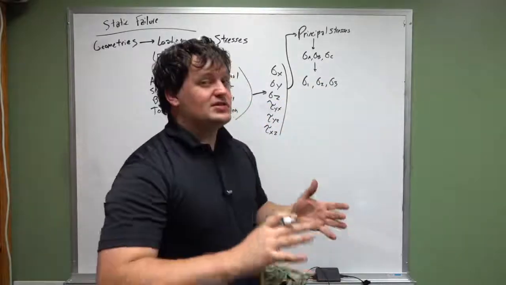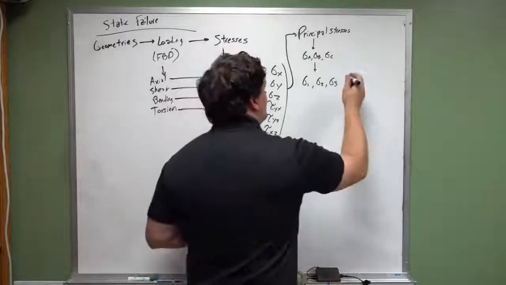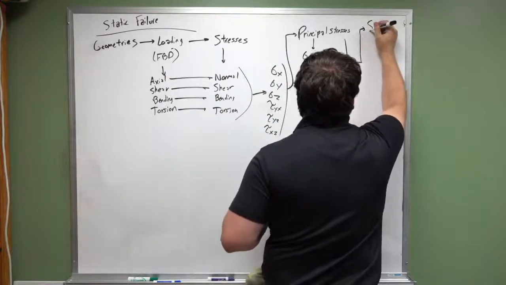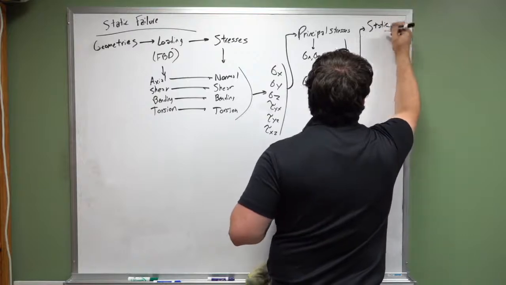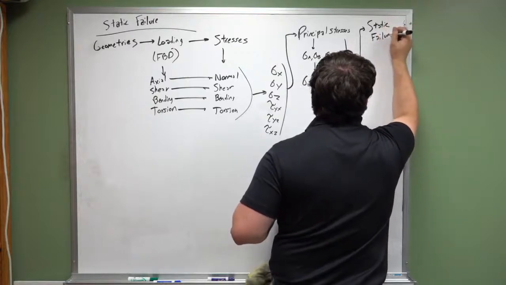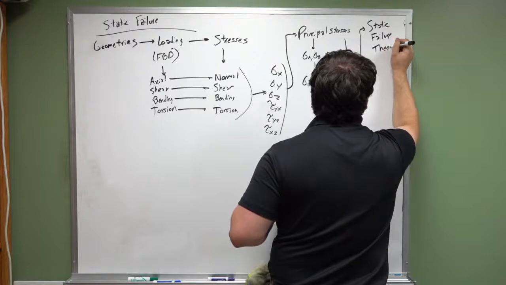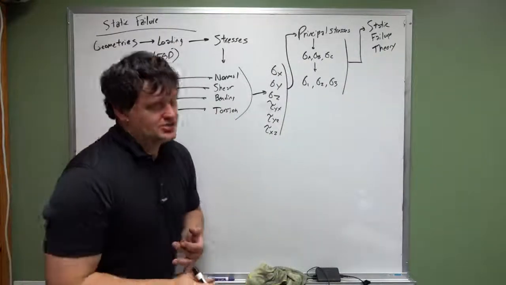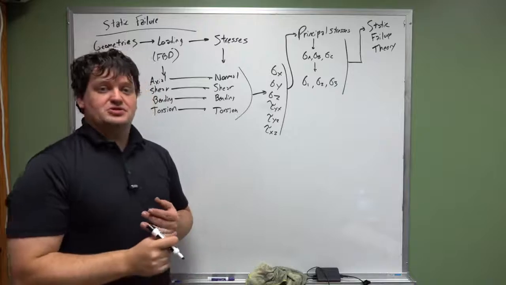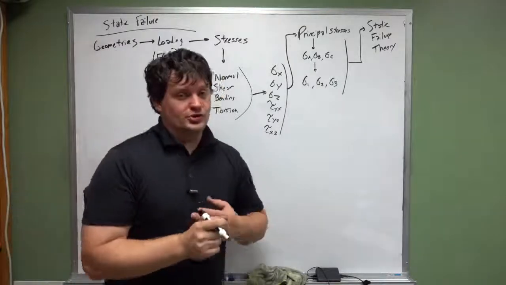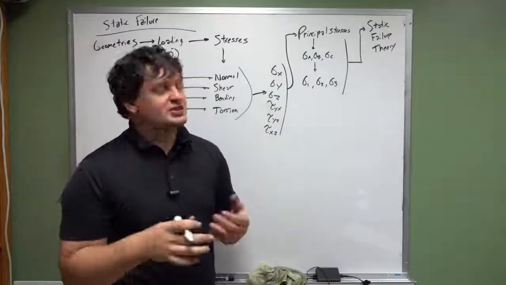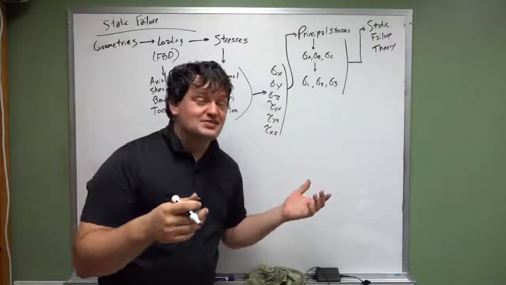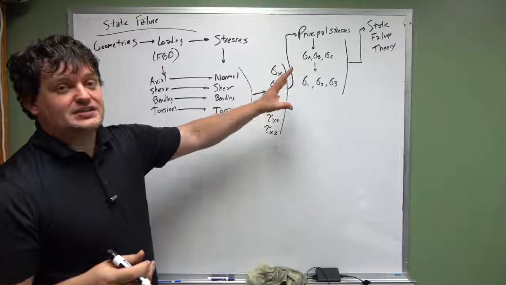Okay? Now, once we have our principal stresses, we can plug this into our static failure theory. Okay, whether that's the distortion energy theorem because it's a ductile material, or brittle Coulomb-Mohr because it's a brittle material, whatever the failure theory is, you'll end up plugging it into that.